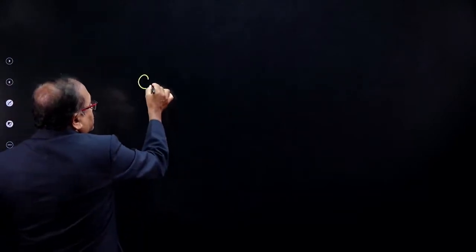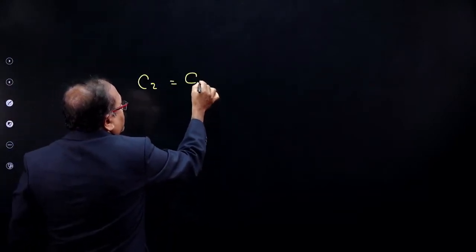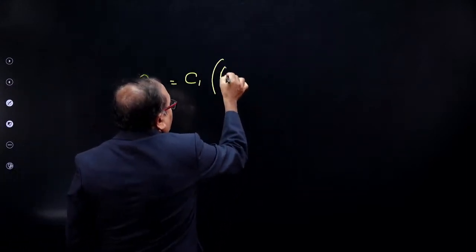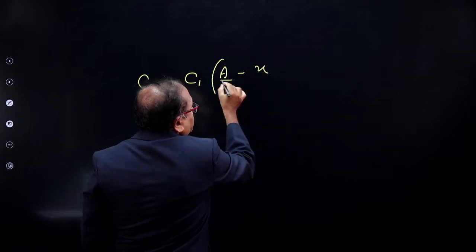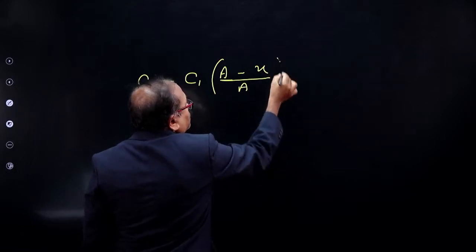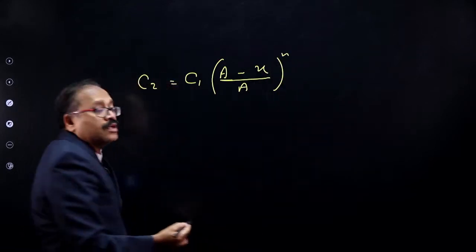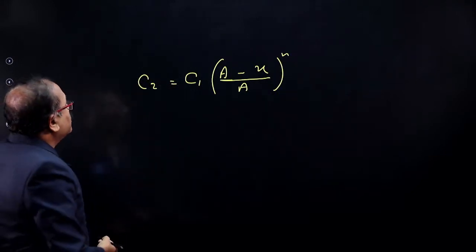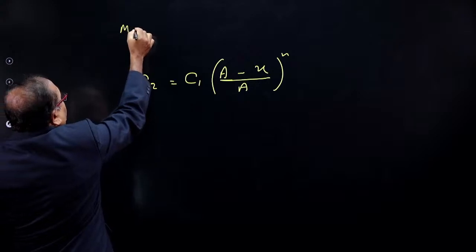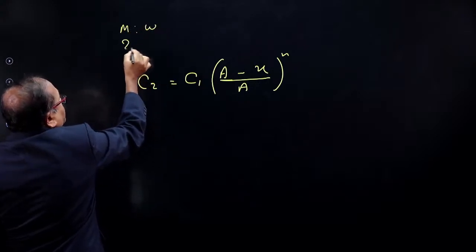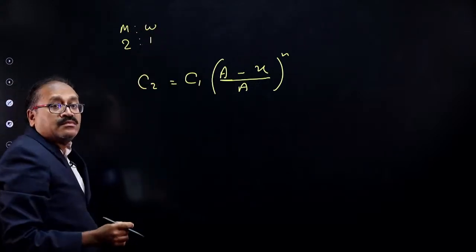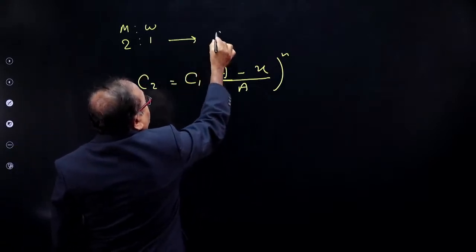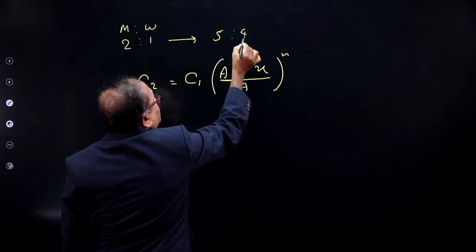Here concentration 2 is equal to concentration 1 into (A minus X) by A, to the whole power n. What is concentration 1 and what is concentration 2? So initially if the milk and water is in the ratio of 2:1, and after the replacement the ratio becomes 5:4.